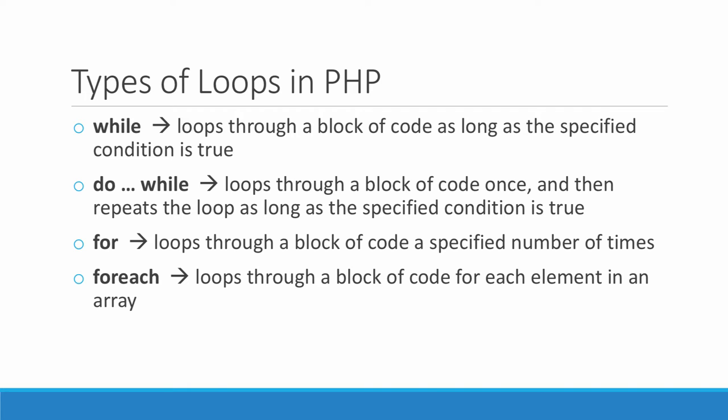So remember I said that in the previous example where I talked about an e-commerce site and it's displaying 24 items on a page, it would basically go through that code and we say, no, we know we want it to go through 24 times, and so it would display it that even if there were thousands of items. And the last is the ForEach loop, and this is the one that we did last week when looking at arrays, and this is a type of loop that specifically and only works with arrays, and it loops through a block of code for each element in an array, and when it hits the end of the array, it's done.